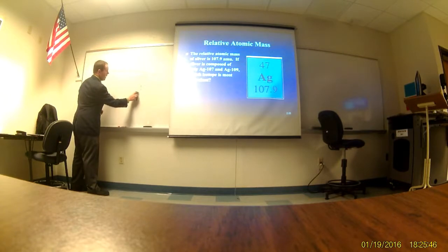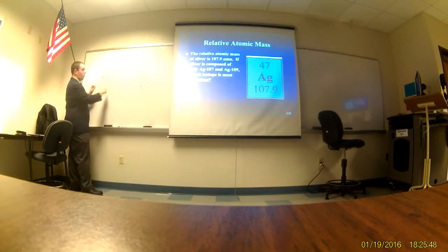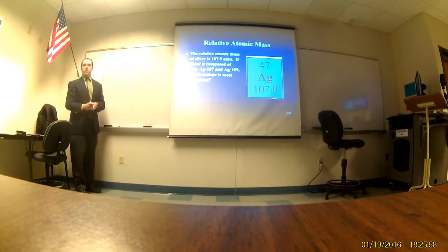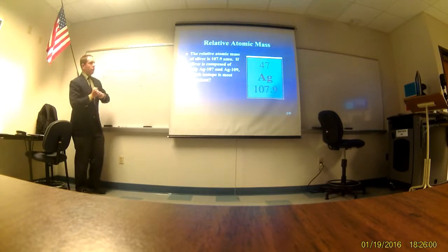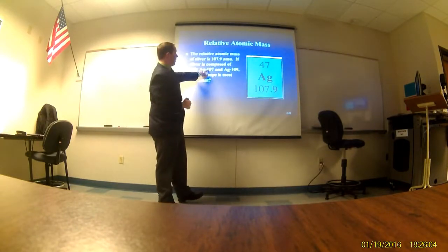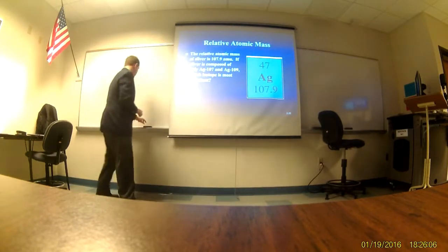But if we get rid of a 109, now the 107s win. So think of it as a tug of war. Now there's 3 107s and 2 109s. The average is going to be closer to 107. So just by looking at that, we can tell that there are more 107s than there are 109s.